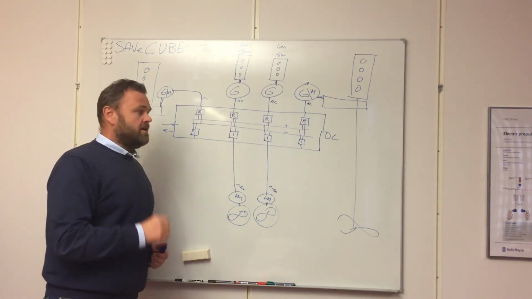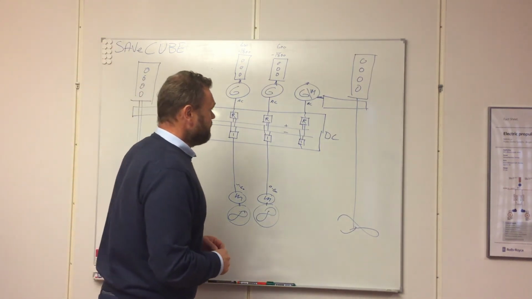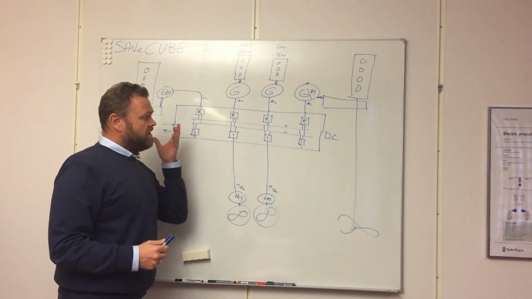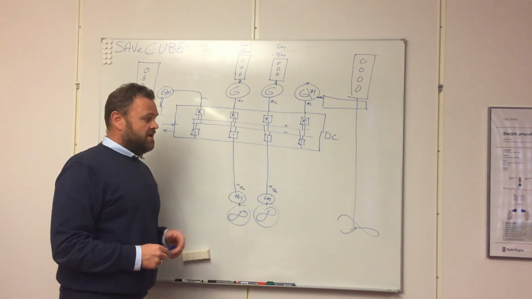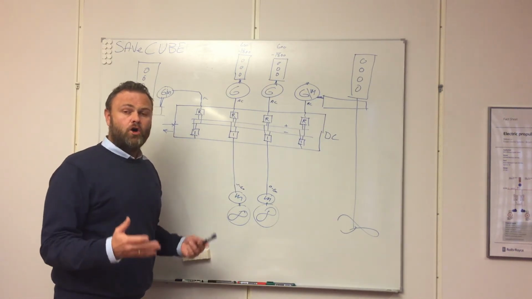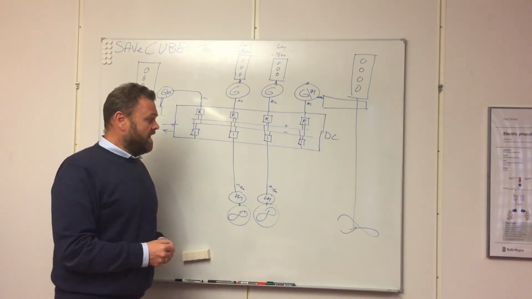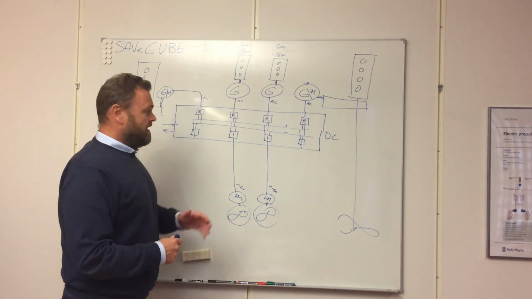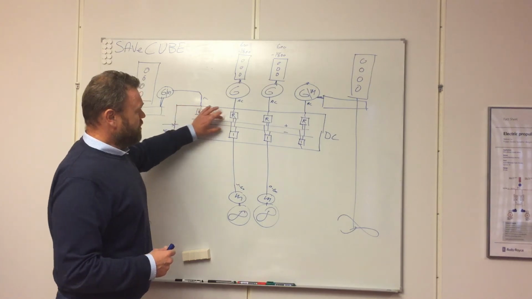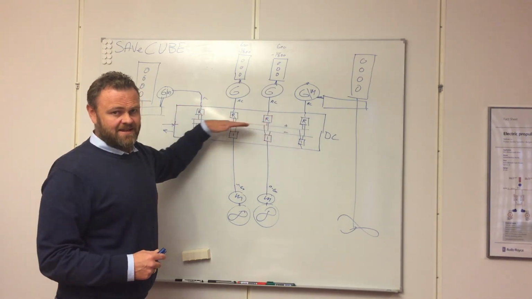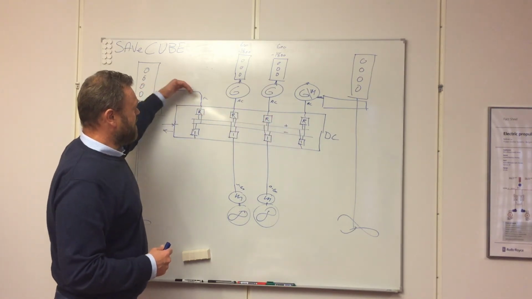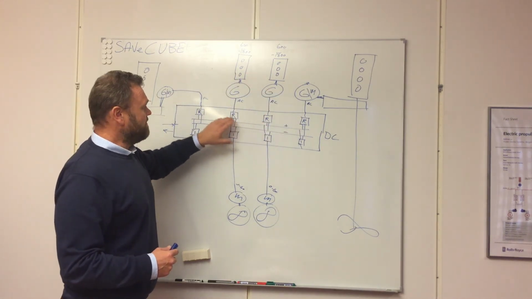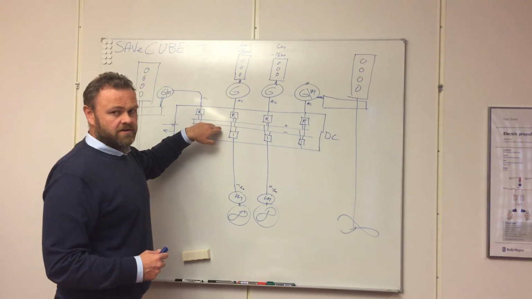Just one thing before we stop. It is important to remember when you have a solution like this that you still need hotel load. And all the hotel load will have to go through this DC distribution, because all your power is produced by these generators and will be rectified.